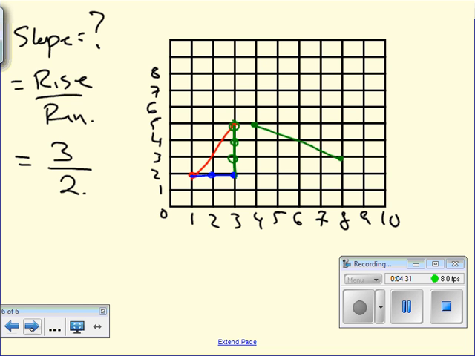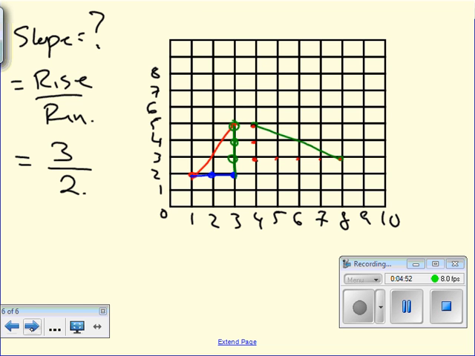So in this case, my rise is not so much a rise, but a fall. I'm going down 1, 2 lines, and then I'm going over 1, 2, 3, 4.